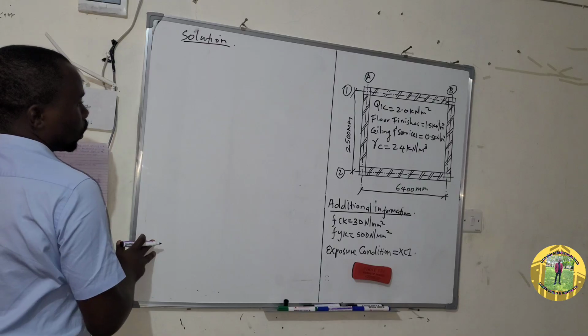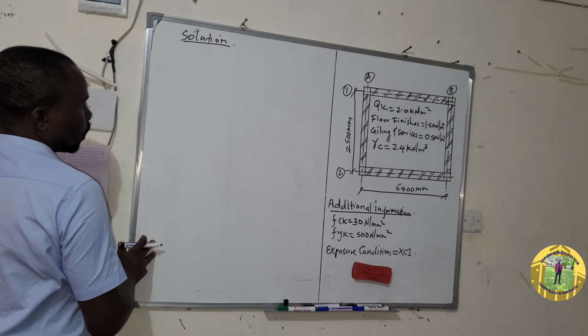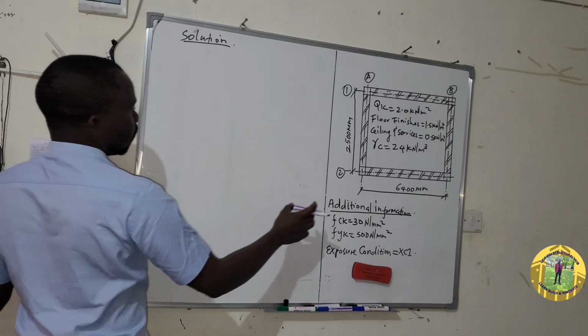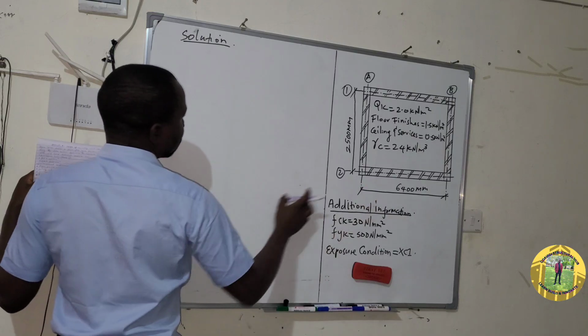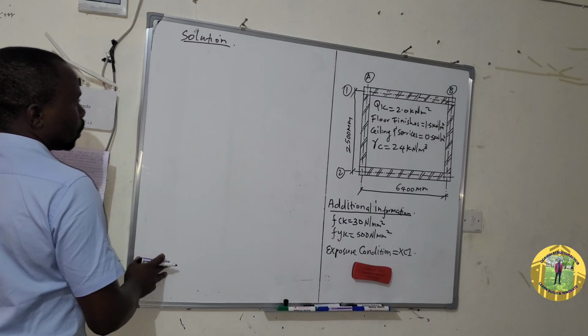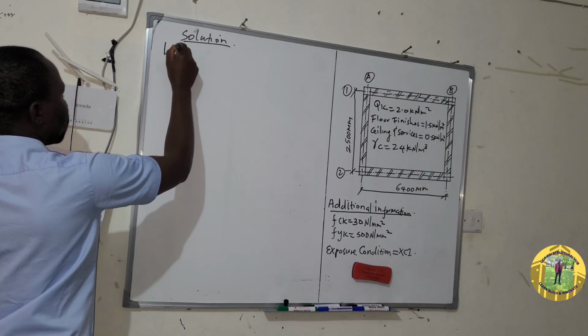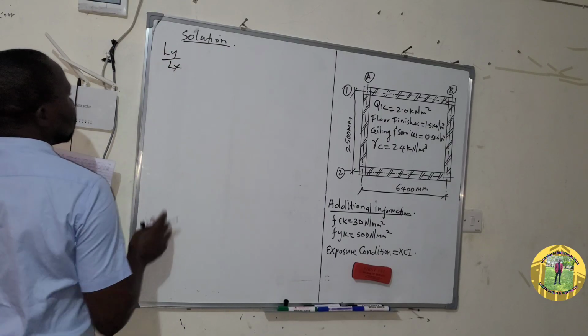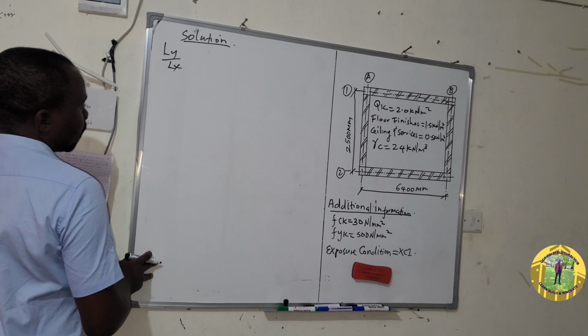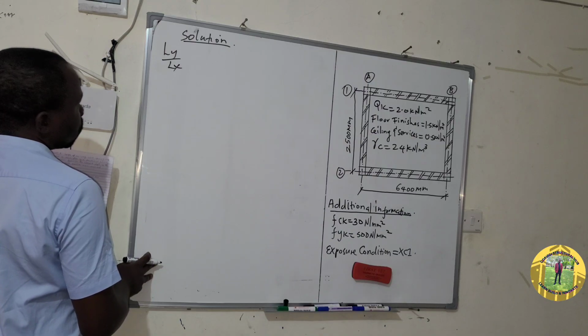The first thing to do is to check whether this slab is a one-way spanning or a two-way spanning. To check, you need this ratio Ly over Lx, whereby Ly is the longer span and Lx is the shorter span.